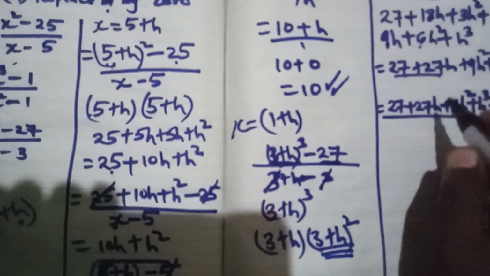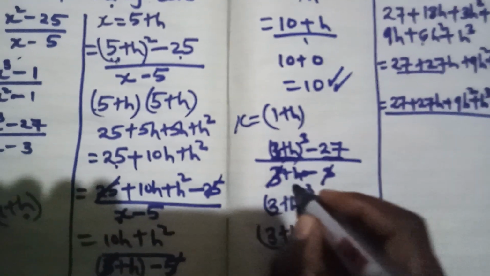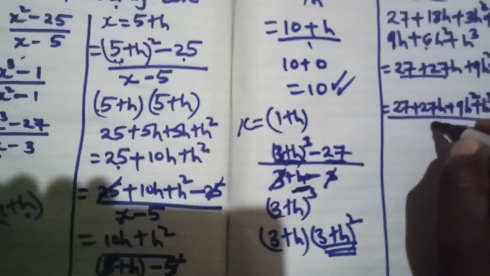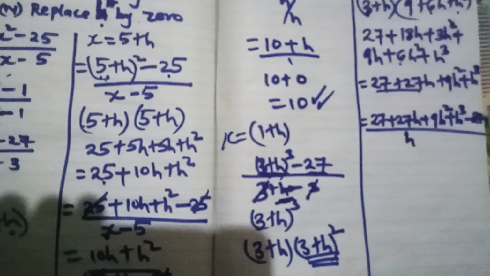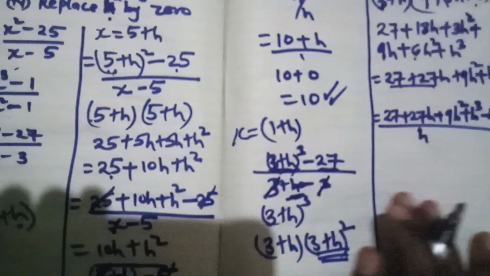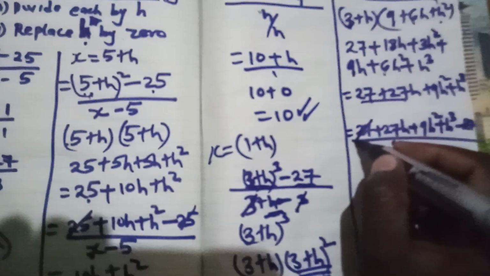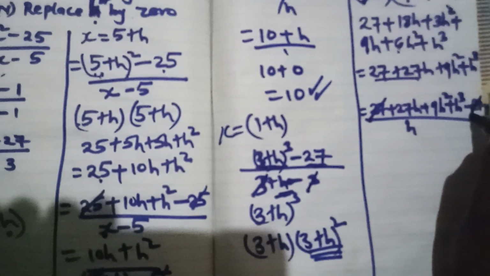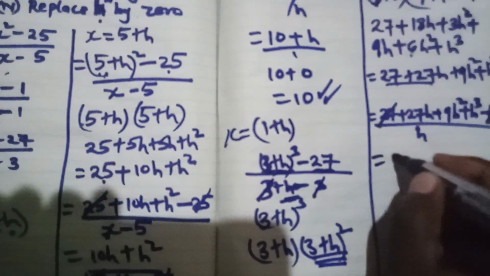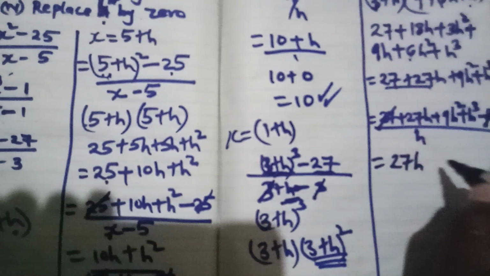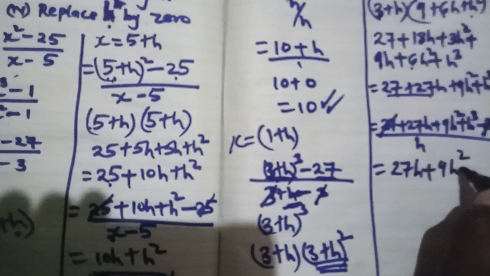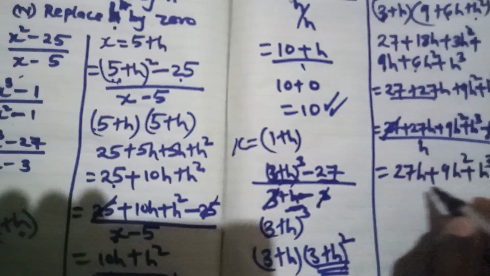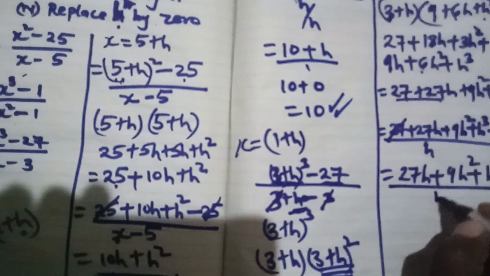Divide through by h, the denominator, which is h. Then this 27 will cancel out with this 27. We remain with 27h plus 9h squared plus h cubed out of h.